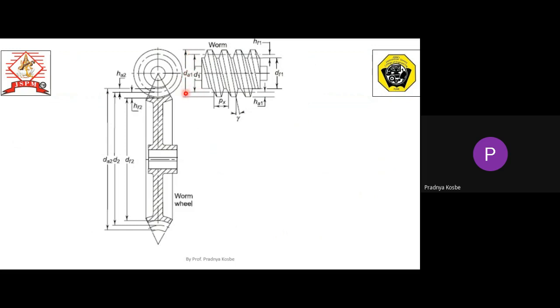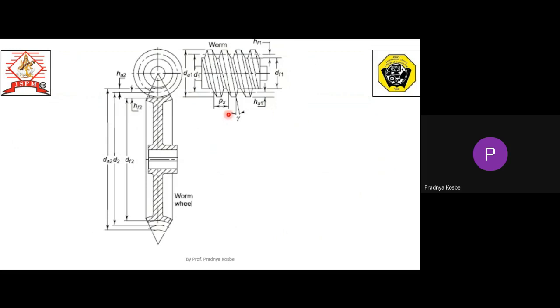DA1 is the addendum circle diameter of the worm. DF1 is the dedendum circle diameter of the worm. HA1 is the addendum height. HF1 is the dedendum height or depth.